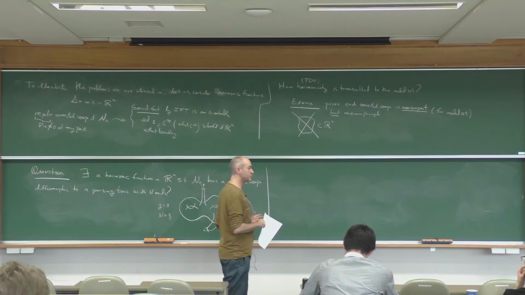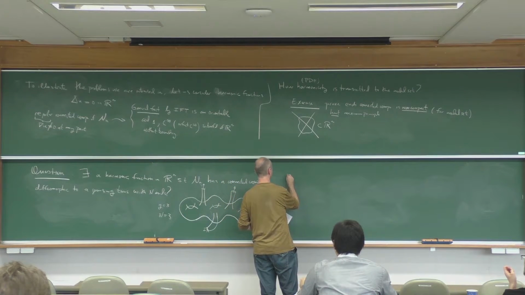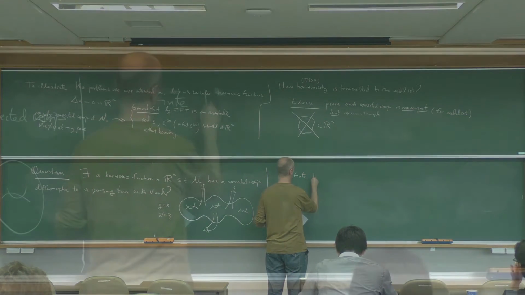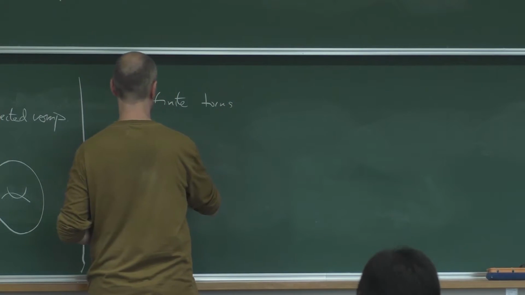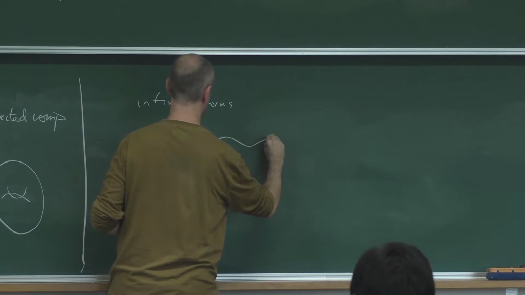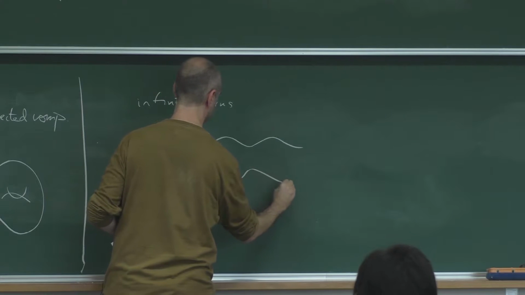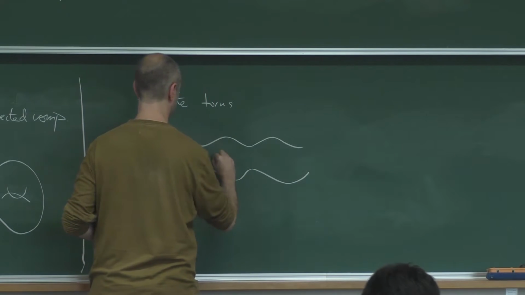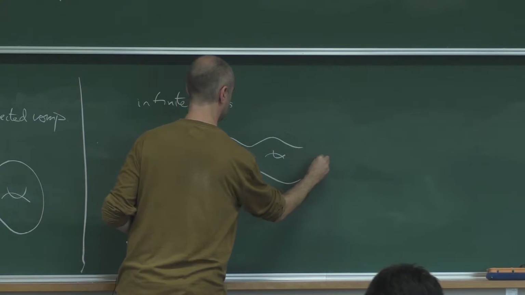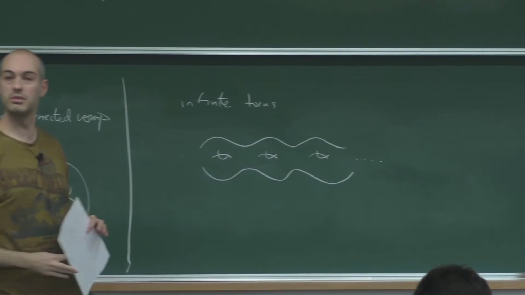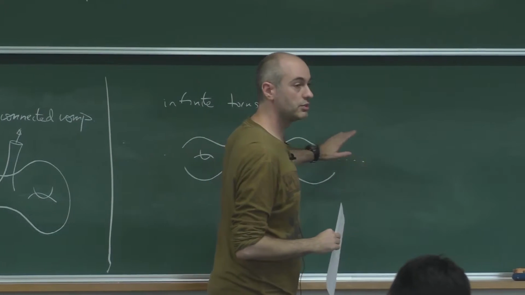And you can even ask this question for more general objects. What about an infinite torus? For example, something like this. Infinite torus. Repeat this on the left and on the right.